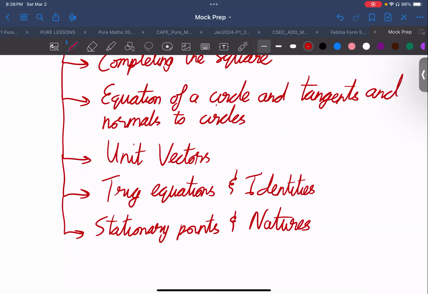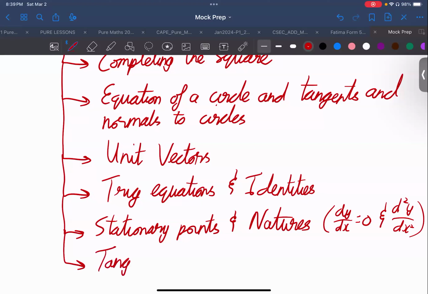All right. Stationary points and nature. So that's like dy/dx equal to 0 and d²y/dx². Right. We also have tangents and normals to curves, right?